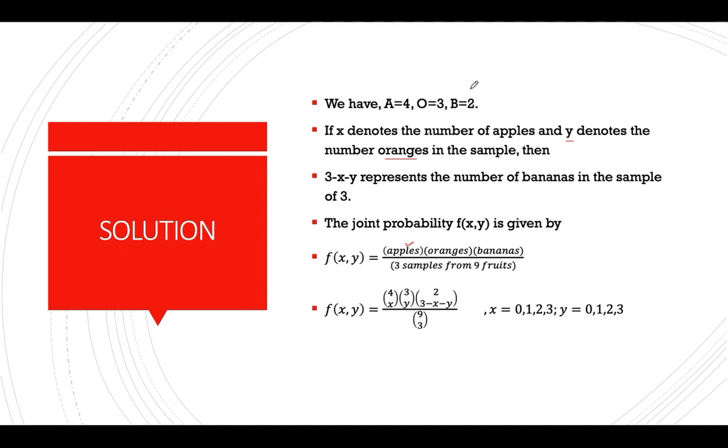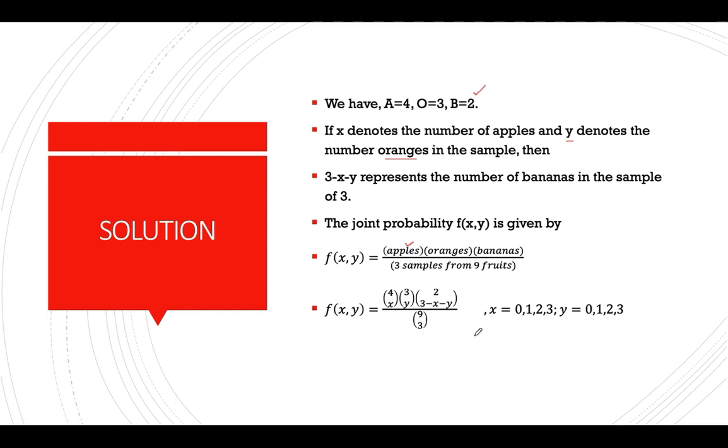And then we have a total of 2 bananas, so 2 taken 3 minus x minus y. And then the total possible ways by the fundamental principle of counting will be the product of these 3 possibilities. And then you have the sample space, which is 9 combination taken 3.